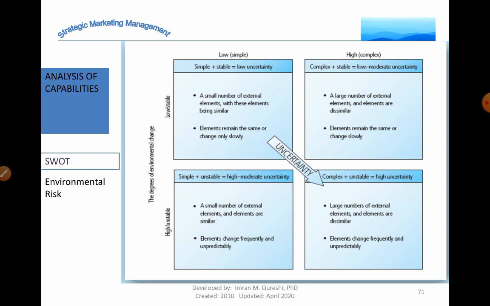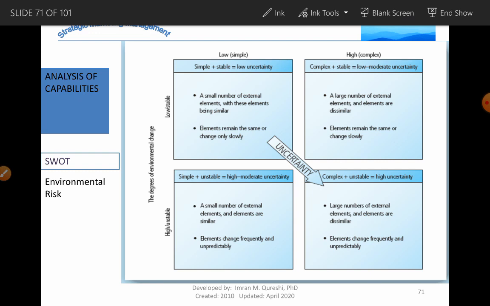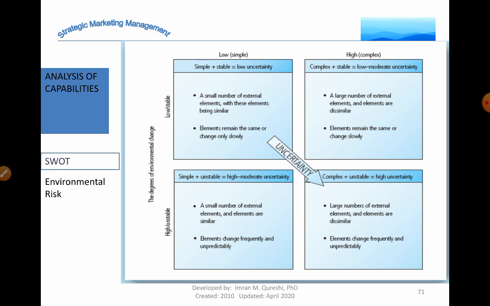Now coming to our main topic, which is opportunities and threats. Just to recap on what we've already talked about, opportunities and threats are in the external environment. They have an external focus, or you can also call it an external locus of control: things that are outside of the company's control.